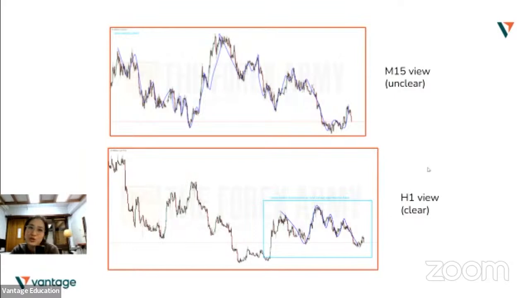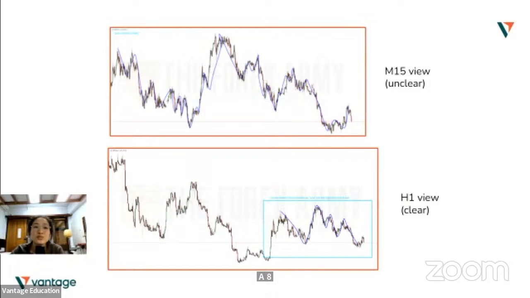So what we're trying to show you from this is that before starting any analysis, you want to first make sure that the chart that you are analyzing has a clear market structure. And the easiest way to do this would be to adjust the time frames. You can see on the 15-minute, it's unclear, but on the same chart, on an H1, it's clearer.